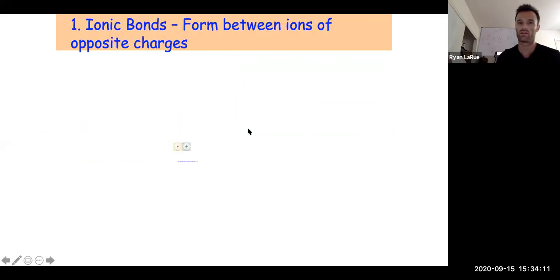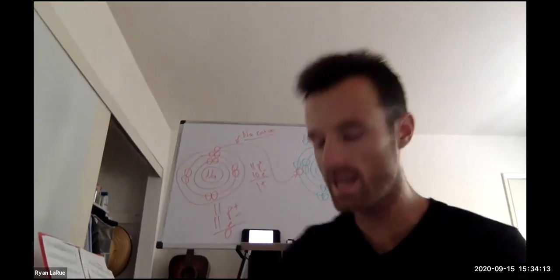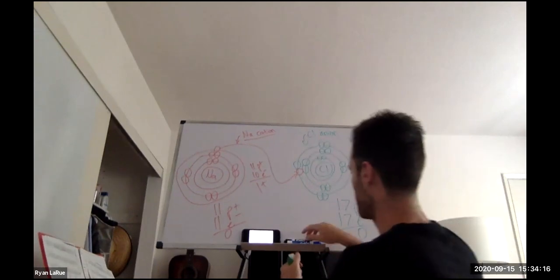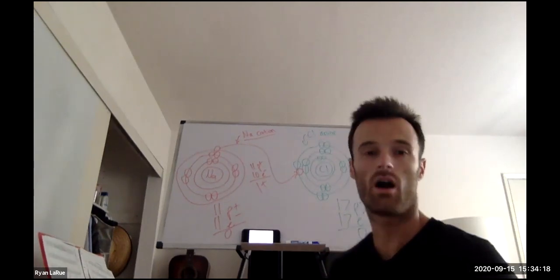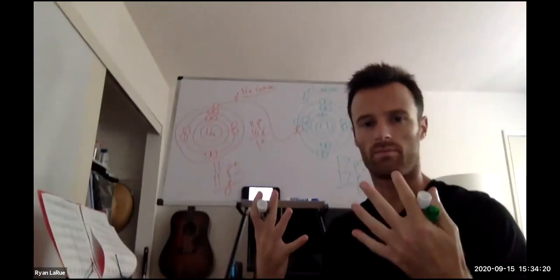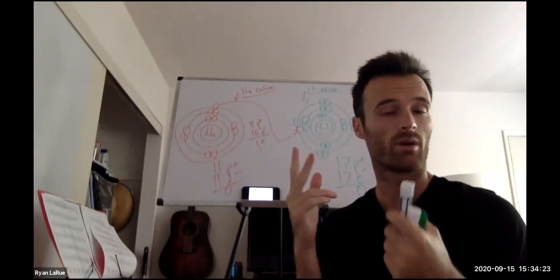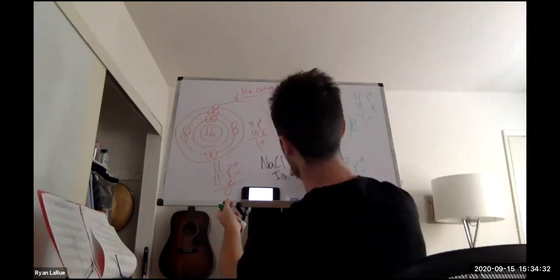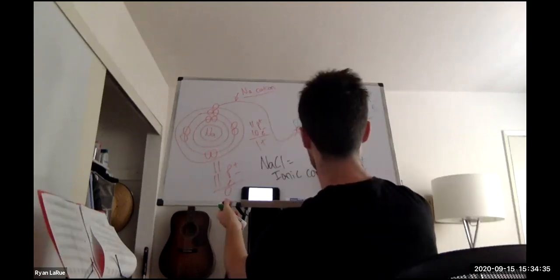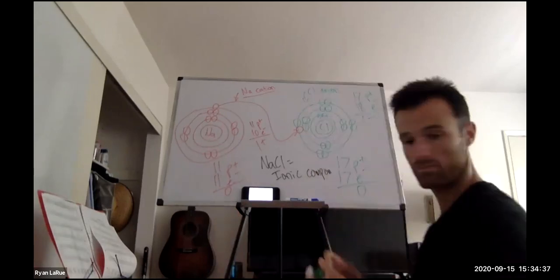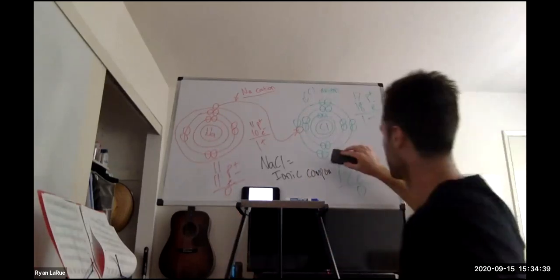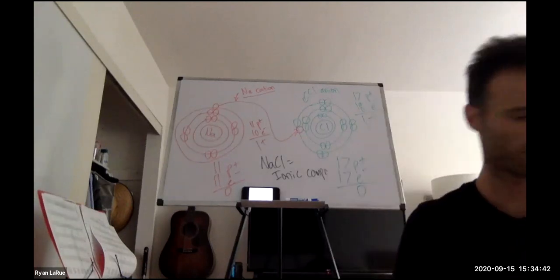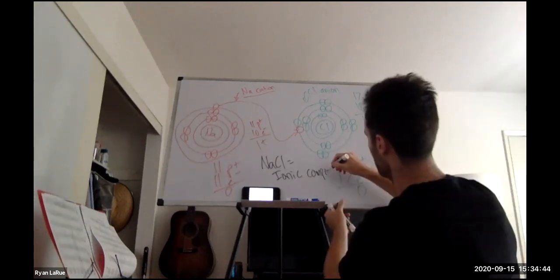Okay. So let me just write on the board here that NaCl, or any compound or substance that's composed of two or more atoms formed by ionic bonds, we call an ionic compound. So NaCl is an ionic compound.